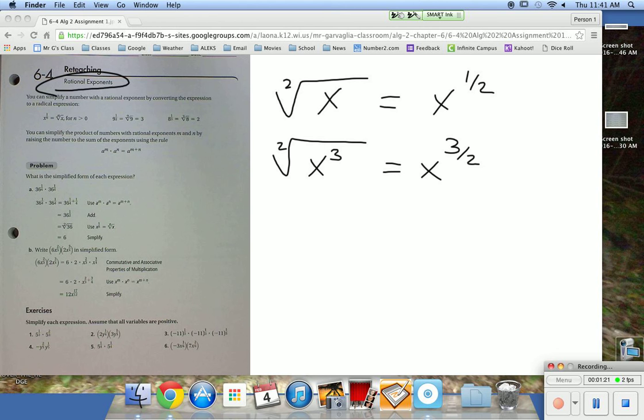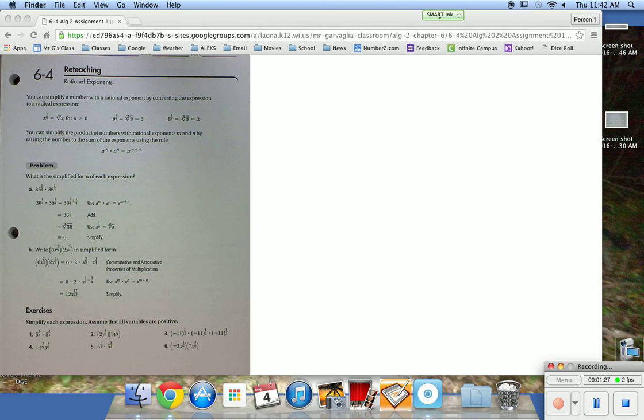So we've learned this stuff already. Here's what else can happen. When you take x to the 3rd times x squared, we don't multiply these exponents, we add them. This is like x to the 3 plus 2, or x to the 5th.